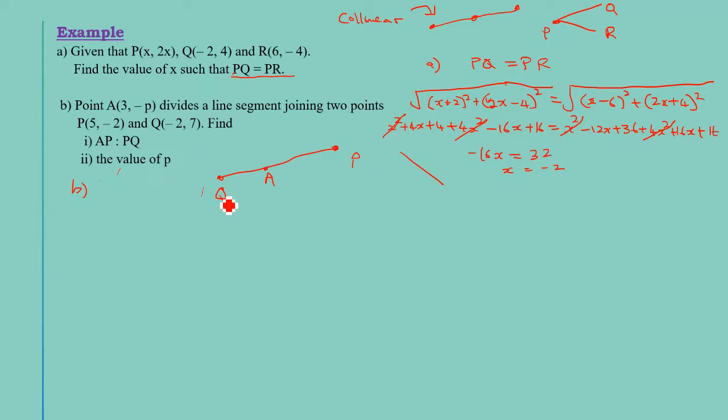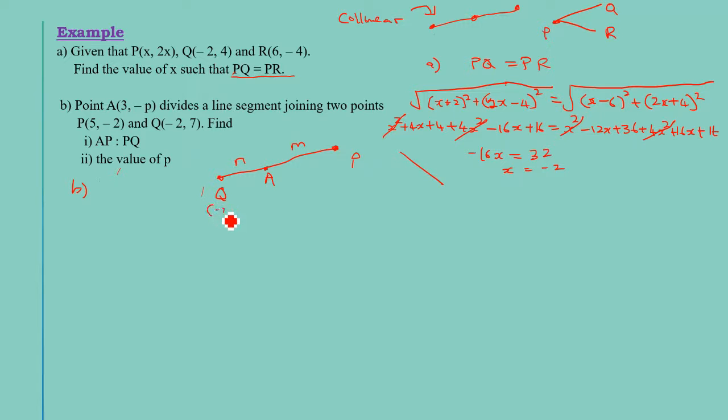Okay, your point P, AQ and AP. What is the connection between these? This is what they ask you to find. So assume some ratio here. Let's say your AP, I call it M, AQ, I call it N, which we don't know. So we need to calculate the ratio. The points are given here.